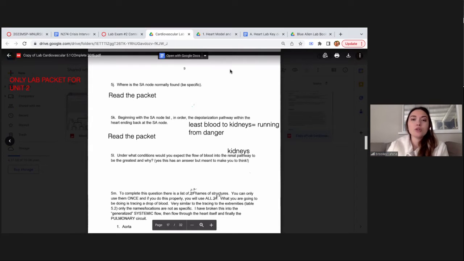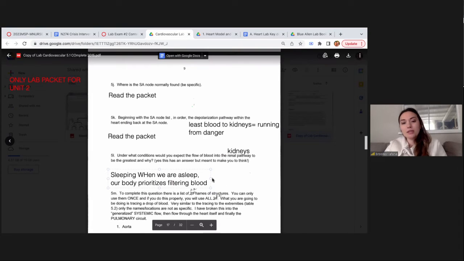Good, good. I had two people say it right away. I don't know if I guided you well or you already had the answer, but either way, great job. So sleeping. When we are asleep, this is when our body prioritizes filtering the blood. Because the kidneys filter the blood, our body prioritizes that the most when we're asleep.